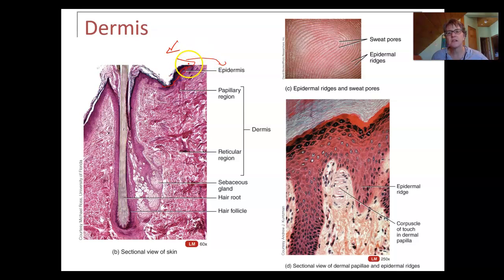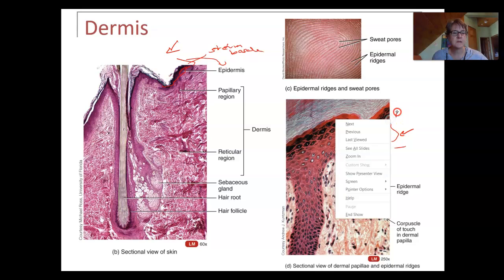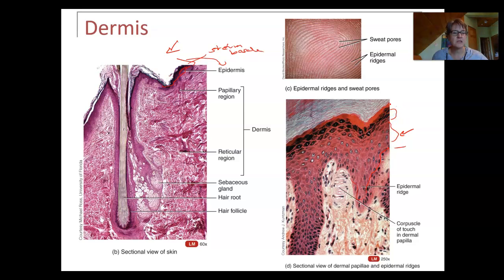That dark purple cell layer is the stratum basal, the bottommost layer. So I have the stratum basal, then the spinosum, the granulosum, the lucidum, and then the corneum on the outermost side, and that's all these flattened dead cells.